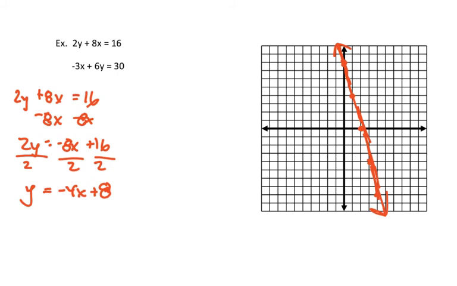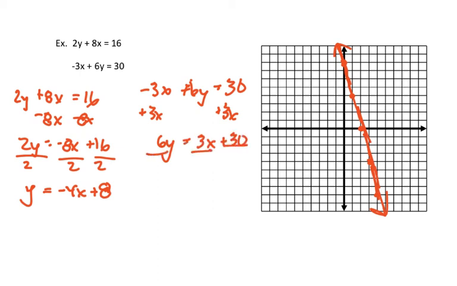And then we're going to do the other one, negative 3x plus 6y equals 30. Add 3x. 6y equals 3x plus 30. Dividing by 6, y equals 1/2 x plus 5.